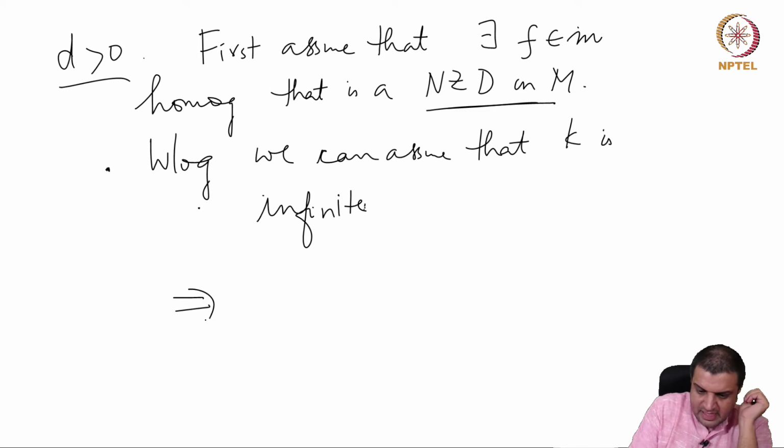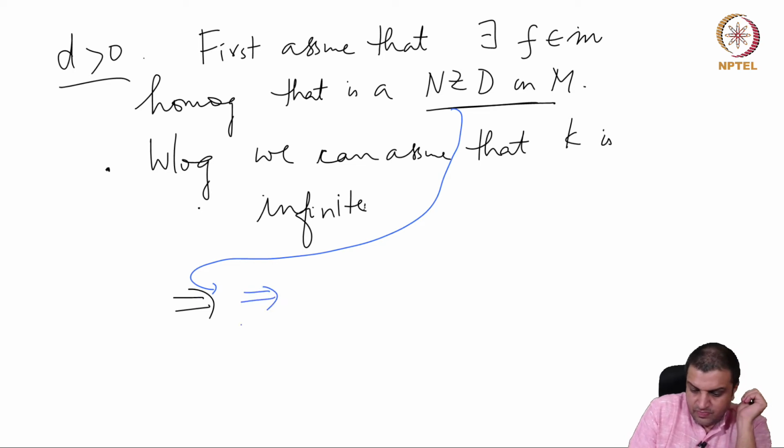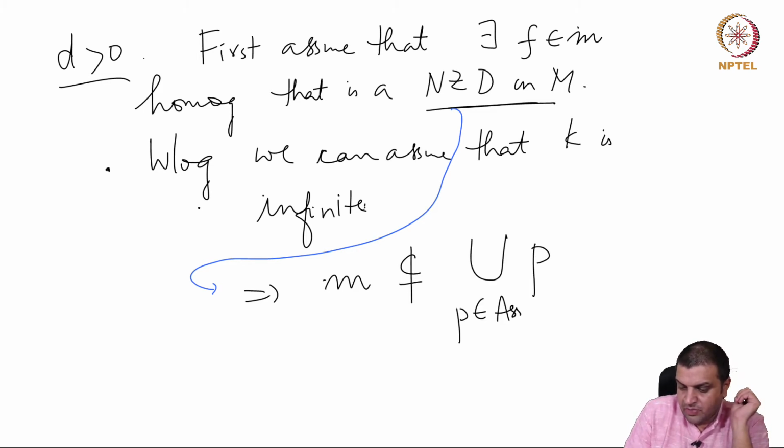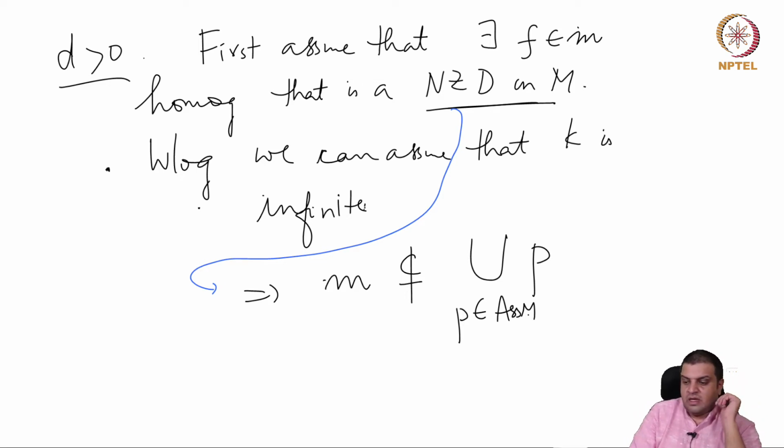This step implies that M is not a subset of the union of associated primes. We observed earlier that the non-zero divisors are all outside the associated primes; we use prime avoidance, in a slightly stronger statement.